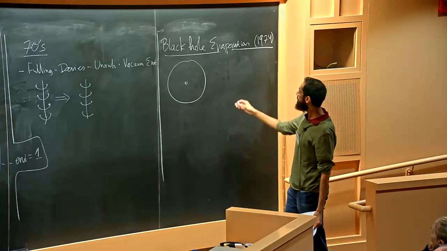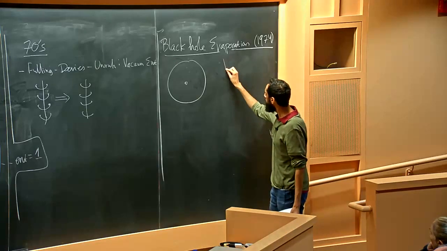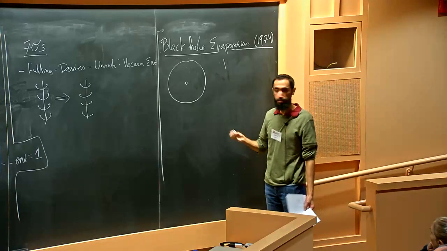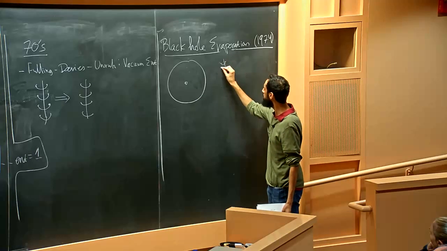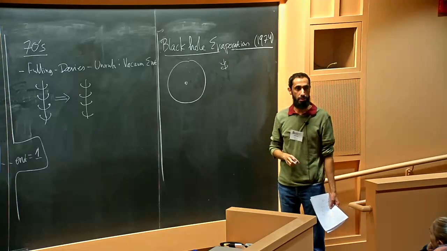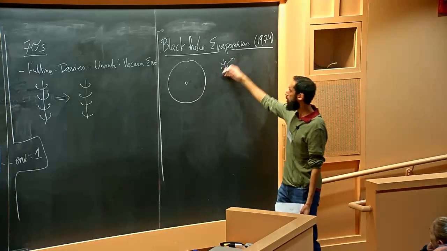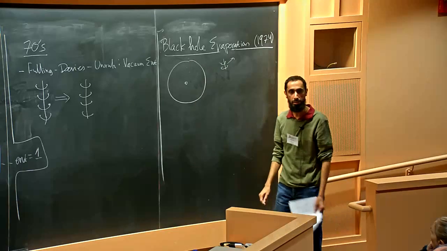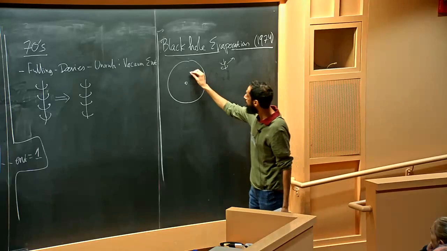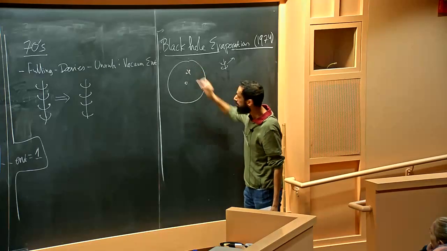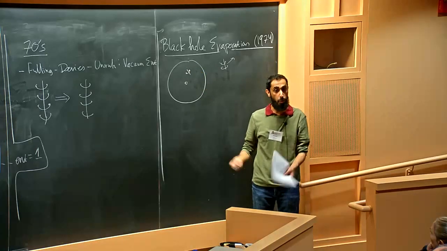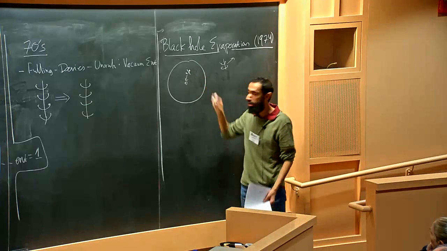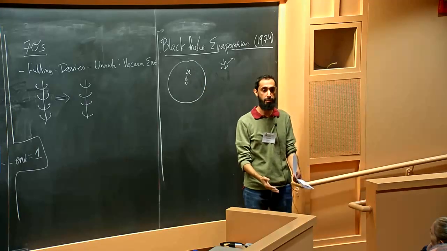So in particular, this means that for a partition far away, let's say, there are particles entangled across this partition. And they can be floating away from, or flying away from the black hole. We can consider also a partition inside the black hole. Both of these particles are going to fall into the singularity.